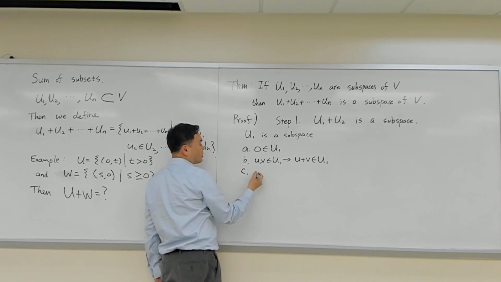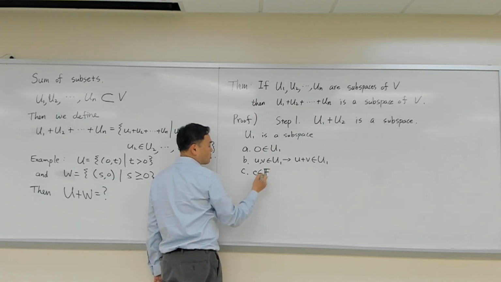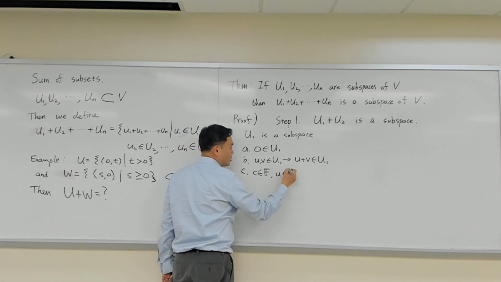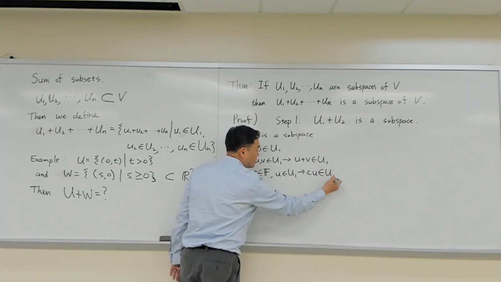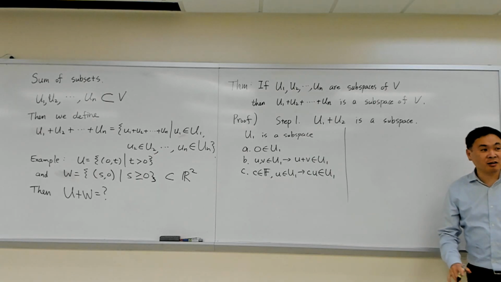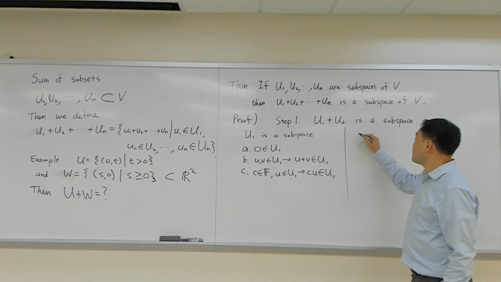C, so there's some base field F and u in U1. That means c times u is too. Same exact thing can be said of U2 being a subspace.